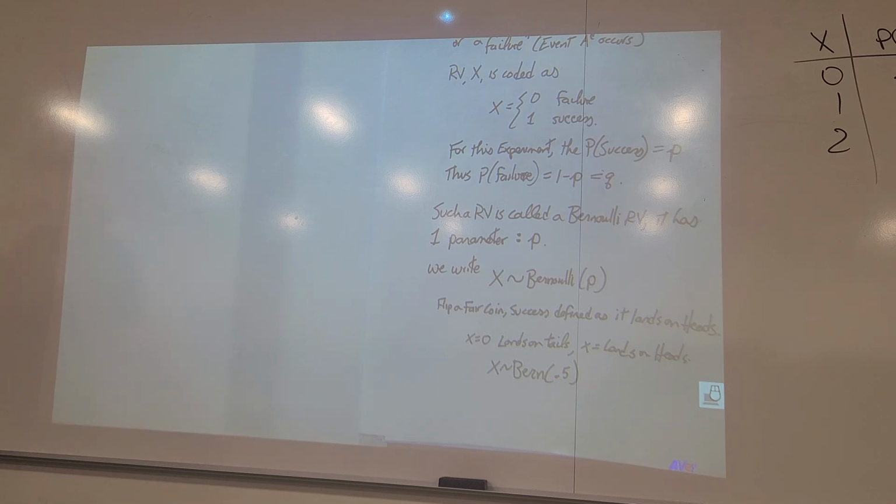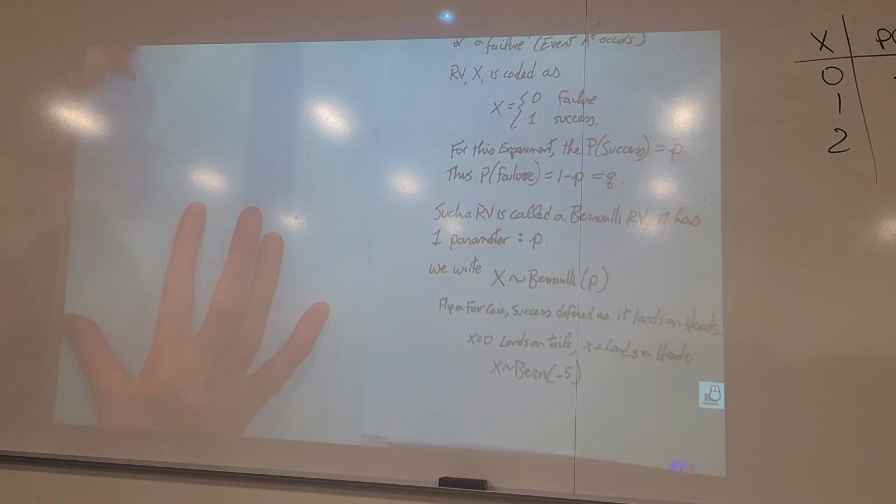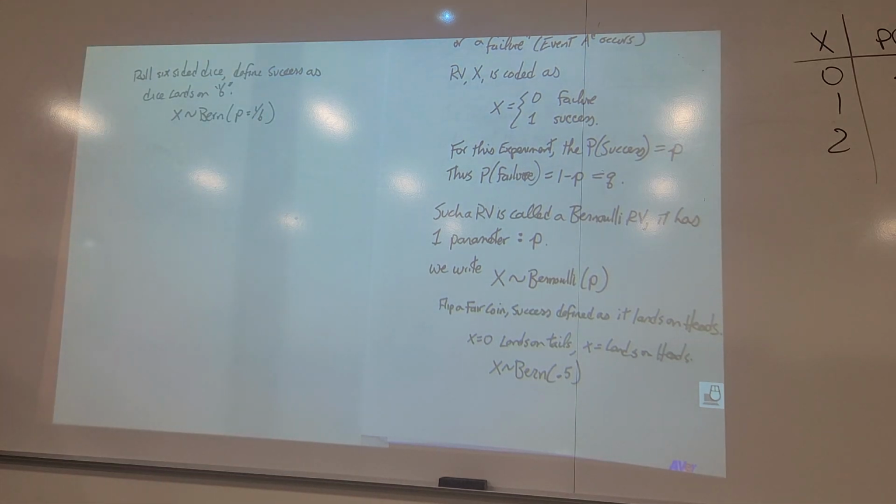And so similarly, roll a 6-sided dice, right? Define a success as the dice lands on a 6. This Bernoulli X is going to have P equal to 1/6, right?